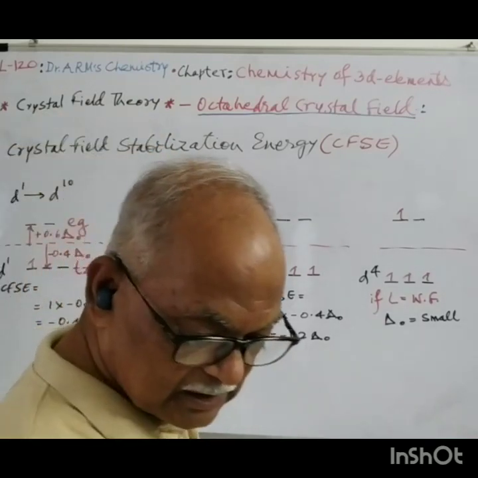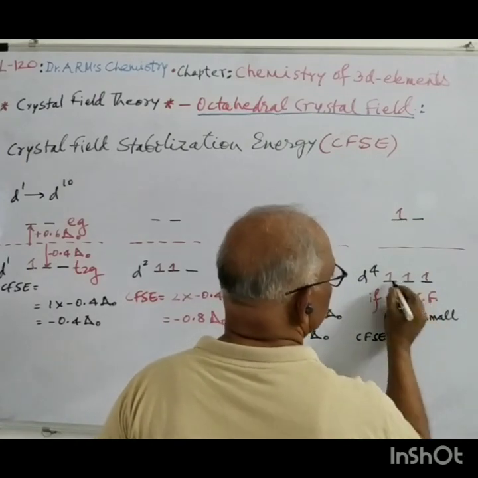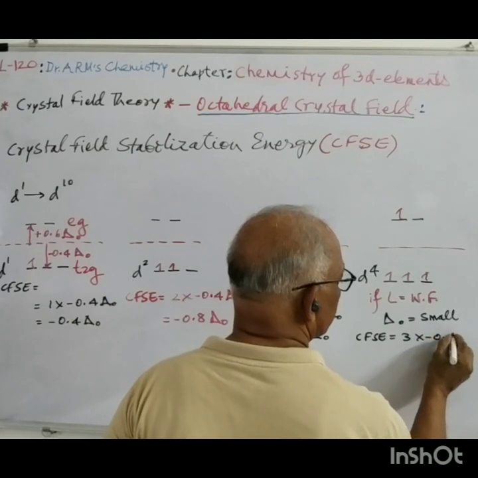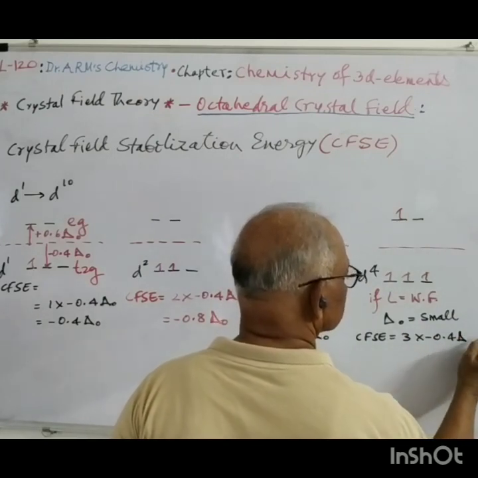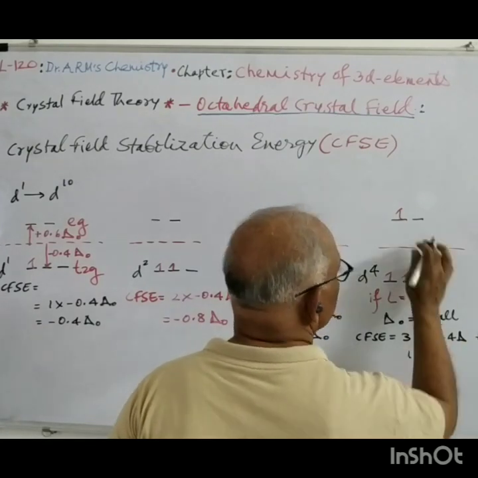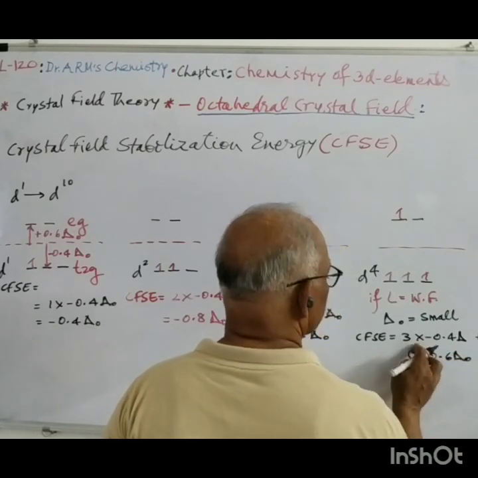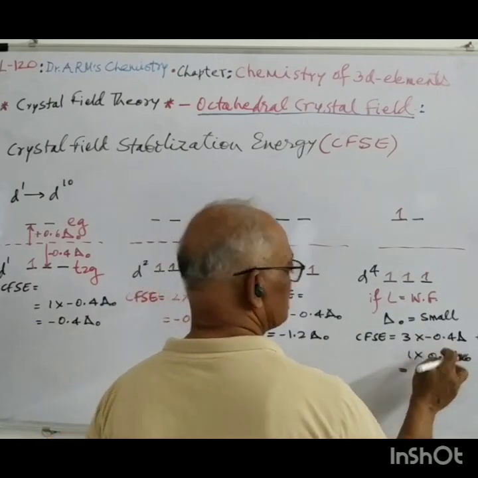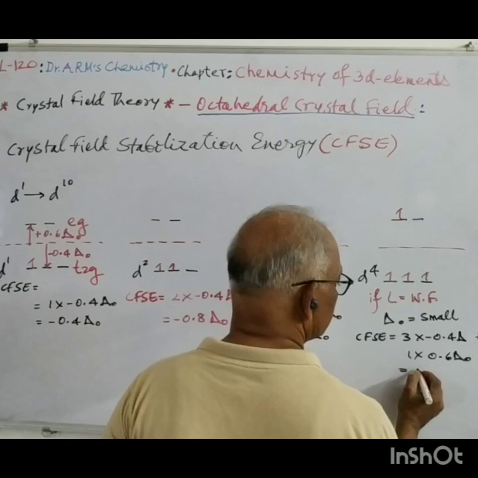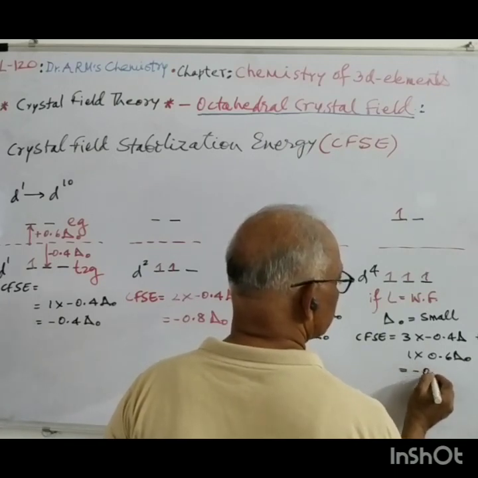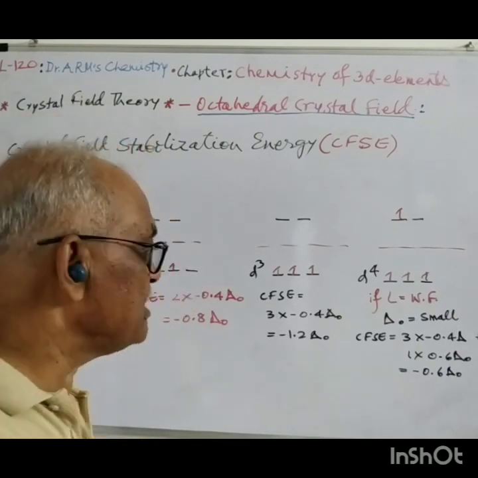The crystal field stabilization energy, CFSE, is calculated like this: 3 electrons, so 3 into minus 0.4 delta O, plus 1 electron, so 1 into plus 0.6 delta O. So 3 into minus 0.4 is minus 1.2, plus 0.6 delta O, which makes the total minus 0.6 delta O. So this is one situation.